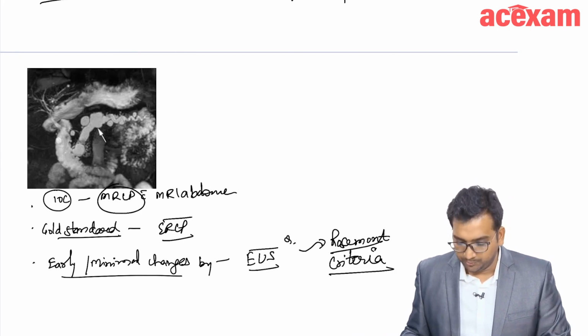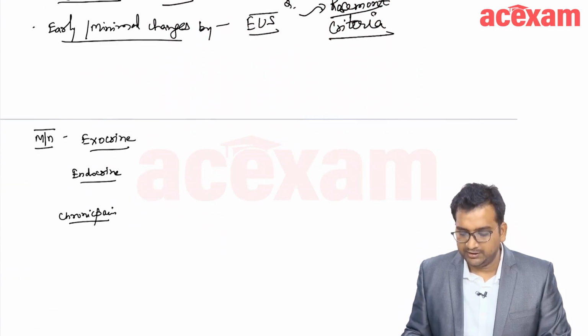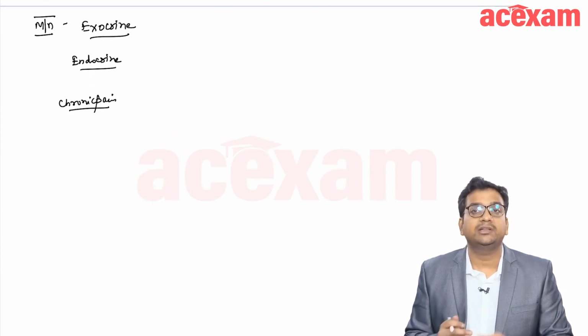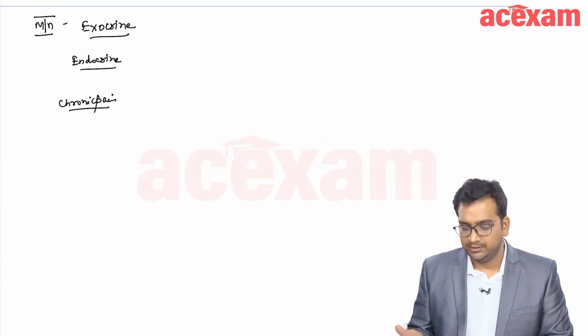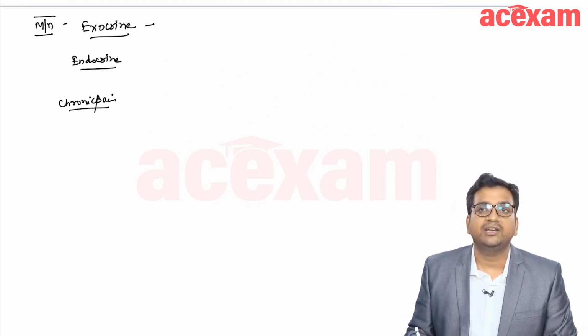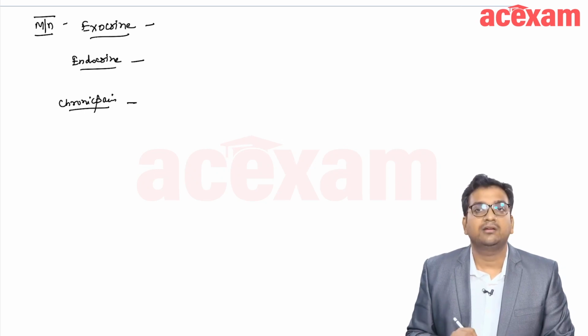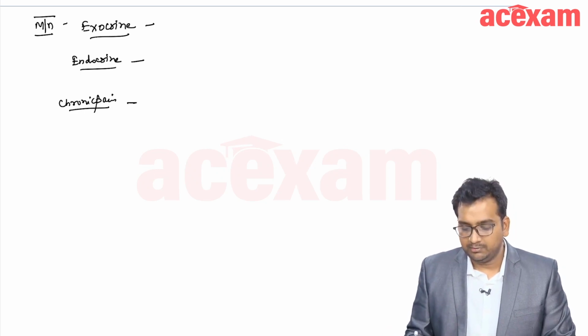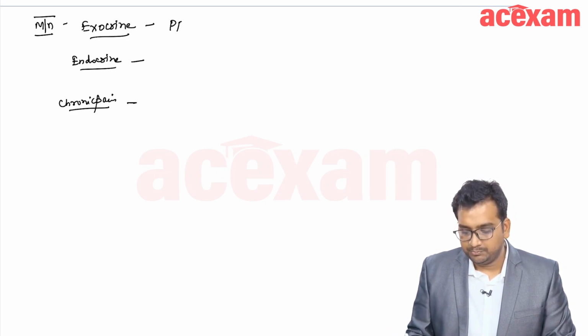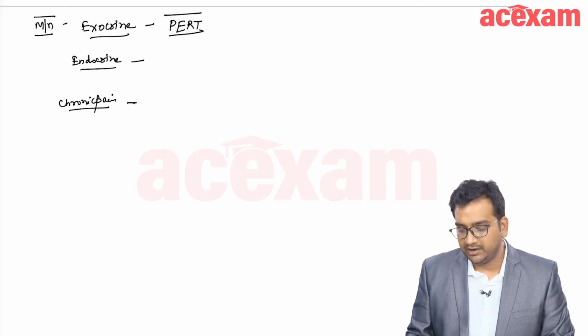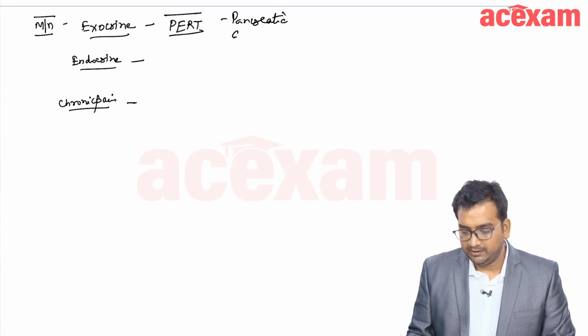Okay. Now, what is the treatment? So the treatment also depends on the three lines. Okay. So we'll have to manage the exocrine insufficiency, the endocrine problems and the pain. For exocrine problems, we'll have to use PERT. What does PERT stand for? That is pancreatic enzyme replacement therapy.